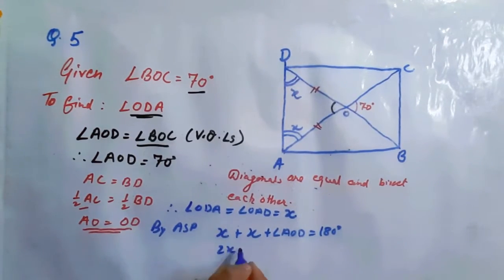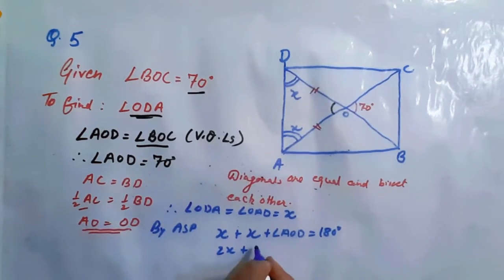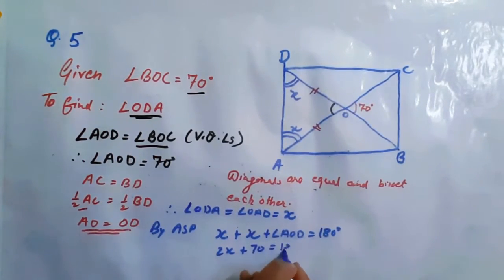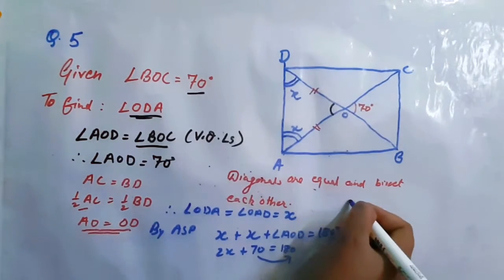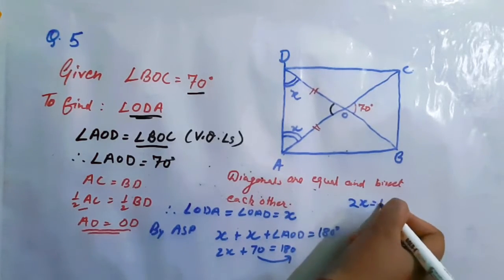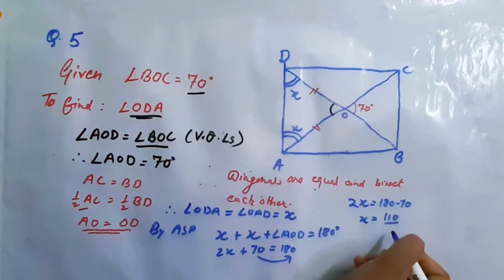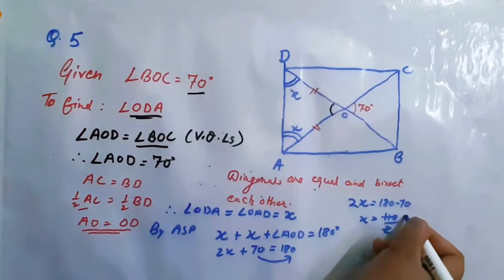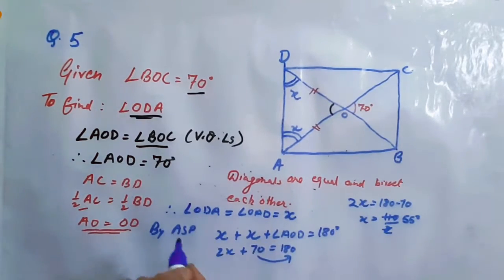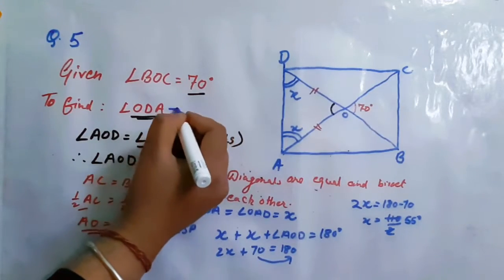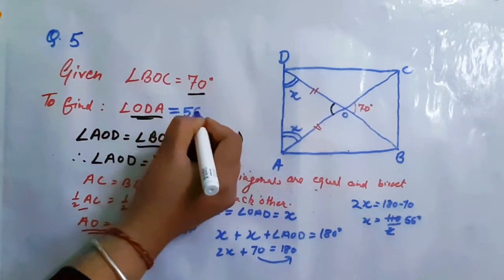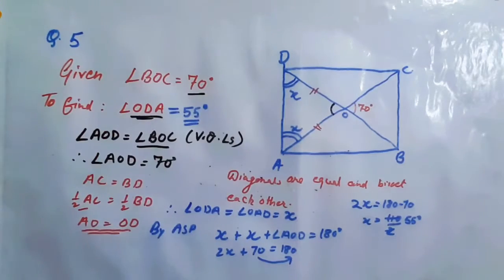So 2x plus angle AOD, which is 70 degrees, equals 180, and from here take 70 to the right side, 2x will be equal to 180 minus 70, and x will be equal to 110 upon 2, which is equal to 55 degrees. Means the value of angle ODA is 55 degrees. That is your required answer.